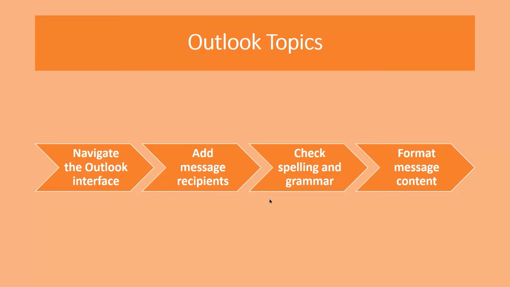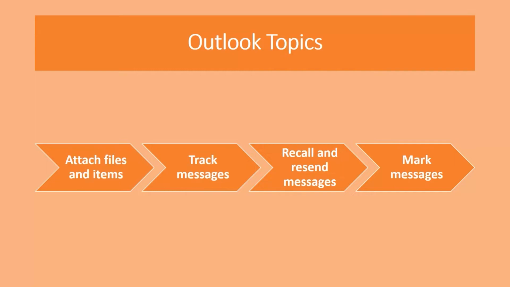We'll start by navigating the Outlook interface like we did with Excel and PowerPoint. We'll create a new message and add recipients. You'll learn how to set the system to automatically check your spelling and grammar when you go to send a message so you never forget. And you'll learn how to format the message content.